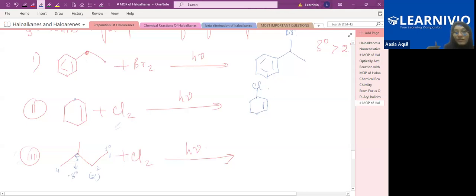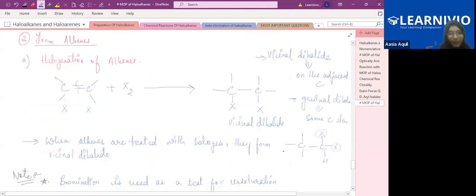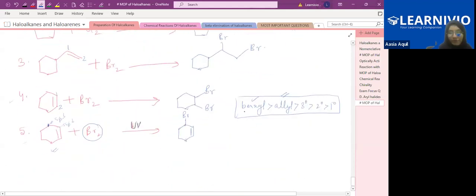And you know very well the rate of reaction, so here you will attach the chlorine. This will be your product. Got my point? Lubna, Rinda? Yes, ma'am. So you have to just remember this order, and accordingly, you have to attach the bromine atom.